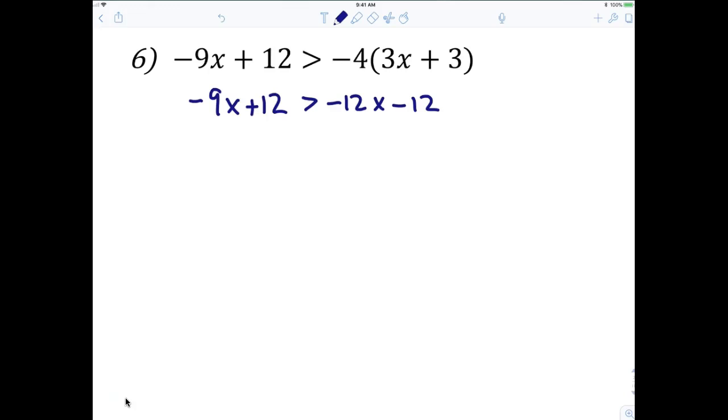Everybody agreeing that x would be greater than negative 8? Everybody happy with that? If it's greater than negative 8, that means negative 8 to infinity.